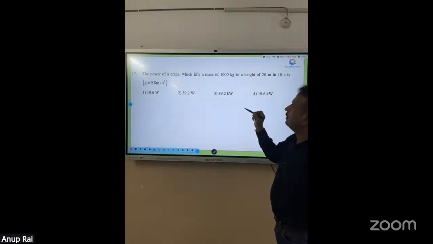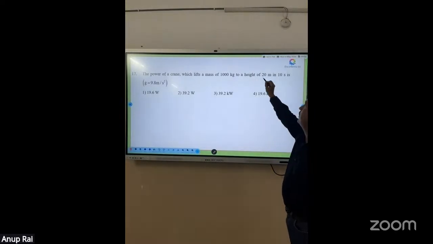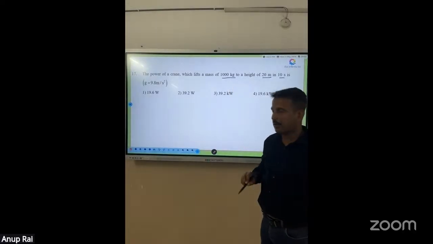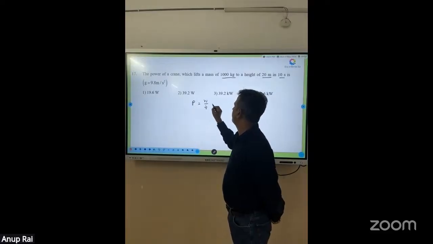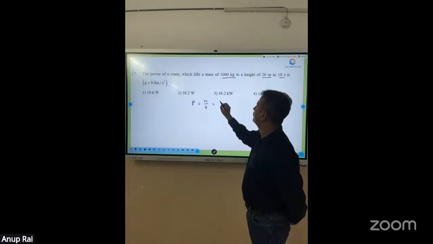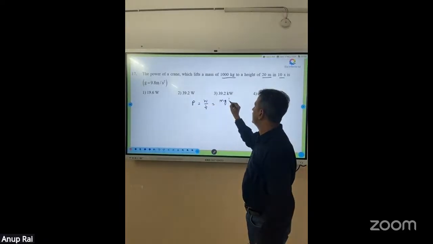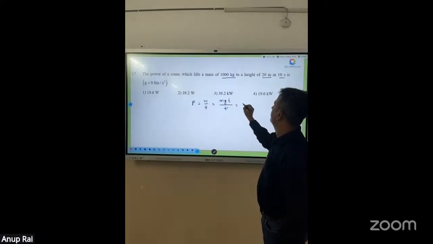The power of a crane which lifts a mass of 1000 kg to a height of 20 meters in 10 seconds. Basically, they are looking for the average power. Average power is work done divided by time. The work needed is mg, since you are working against gravity, so mgh is the work done, divided by time.